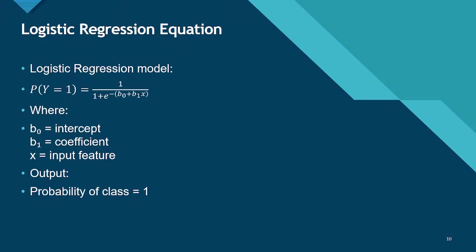The result is P(y=1), the probability that the instance belongs to the positive class, class 1. For example, if P(y=1) = 0.85, it means there is an 85% chance the input belongs to class 1, based on a chosen threshold value, usually 0.5.